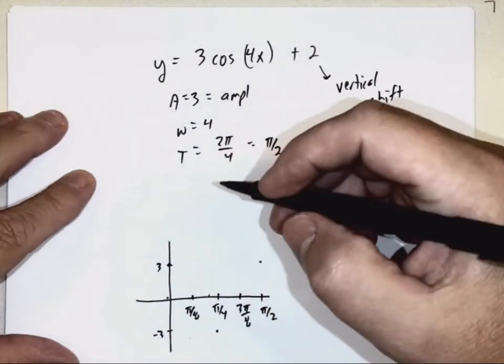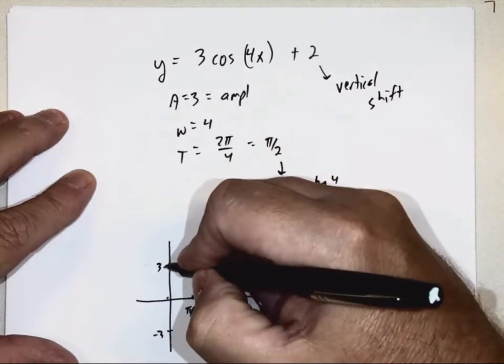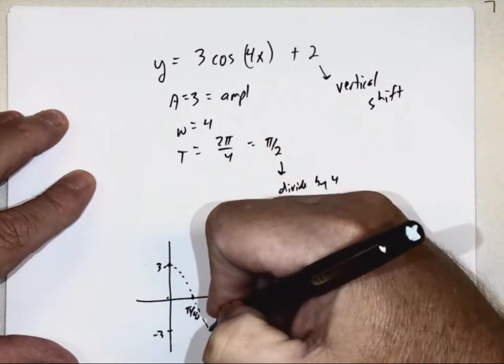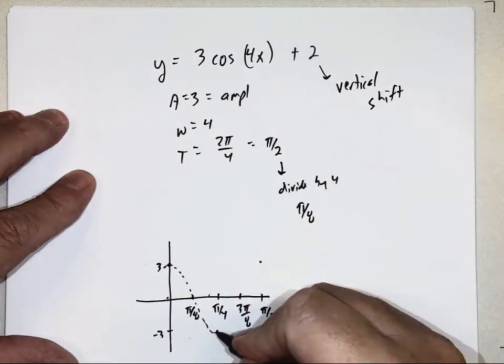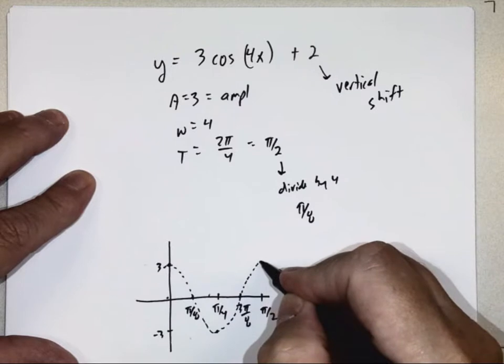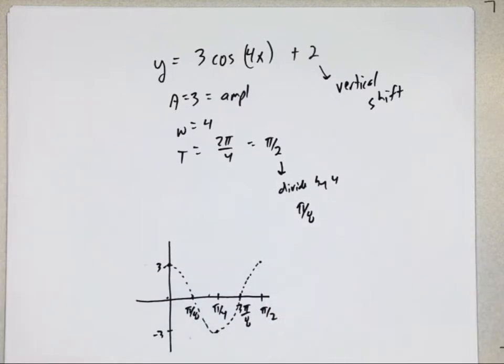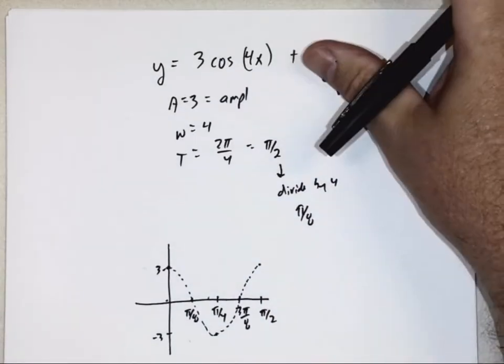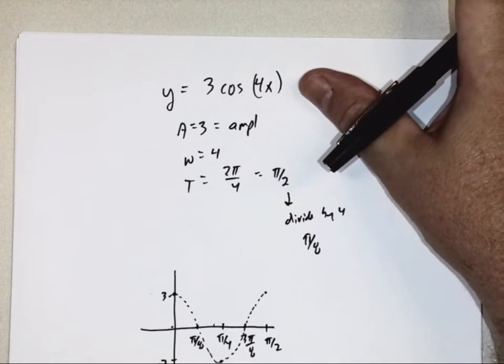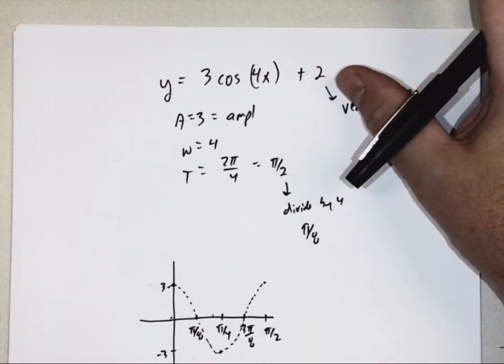So in other words, I want to sort of lightly draw it. So there's the graph of simply 3 cosine 4x.